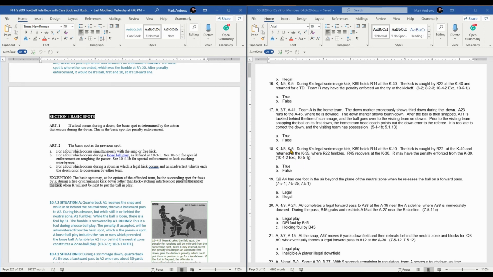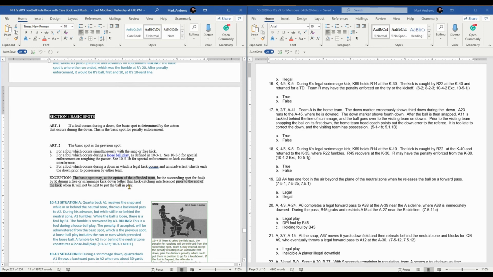So we would go half the distance to the goal line if we were going to enforce from the previous spot. But the rule was changed a couple years ago, and there's now an exception. The basic spot may, at the option of the offended team, be the succeeding spot for fouls by K during a free or scrimmage kick down, other than kick catching interference, prior to the end of the kick, when K will not be the next to put the ball in play.